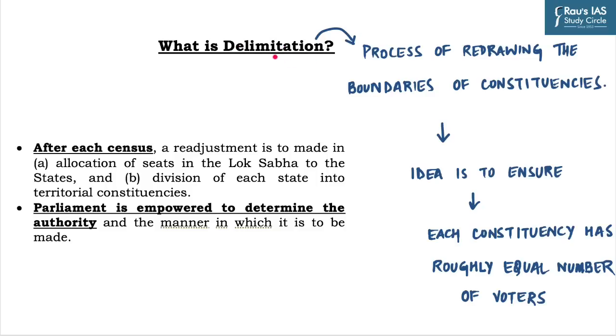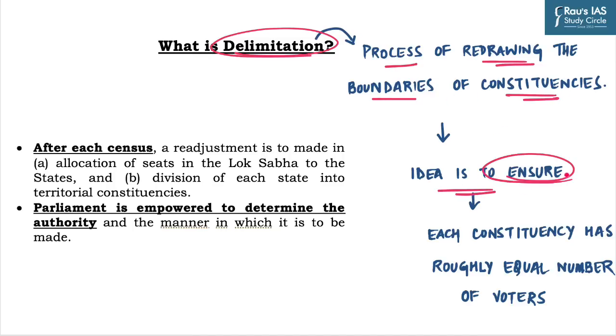First of all, we will understand what is delimitation. It is a process of redrawing the boundaries of constituencies or electoral areas. And the idea behind this is to ensure that each constituency has roughly equal number of voters, which is based on the principle of one vote, one value.